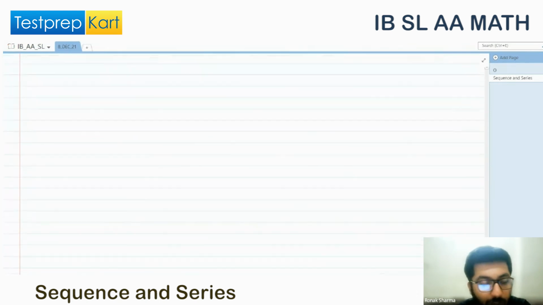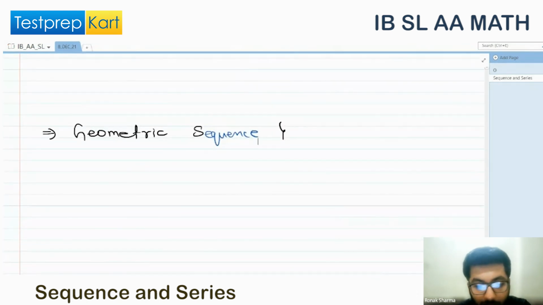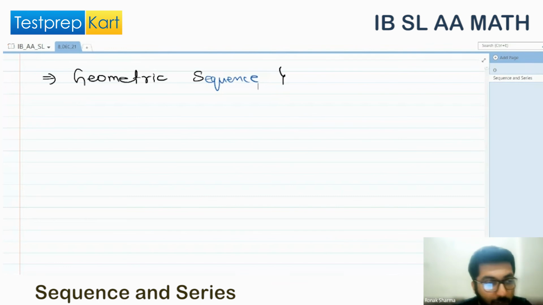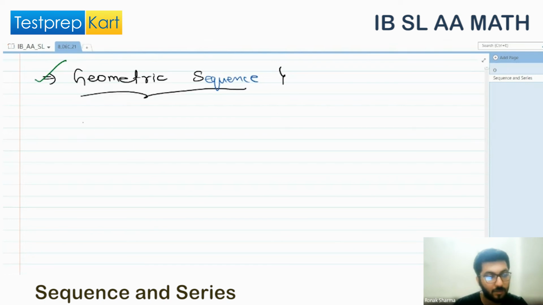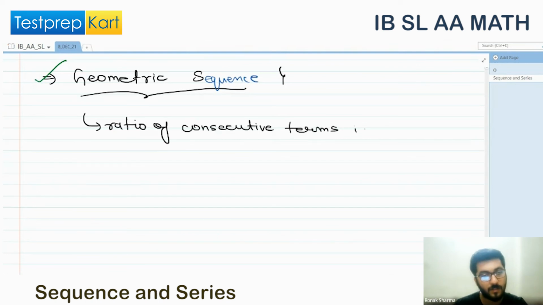So what we are going to do is that here we have a different kind of sequence. Again, it is a very important and unique kind of sequence. So what do we have here? That the ratio of consecutive terms is constant.